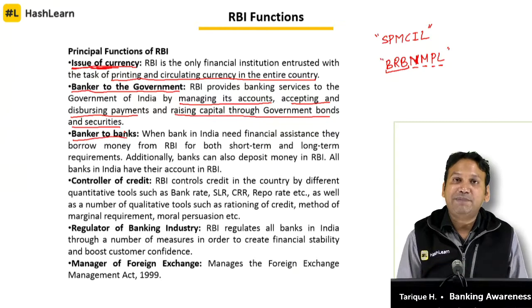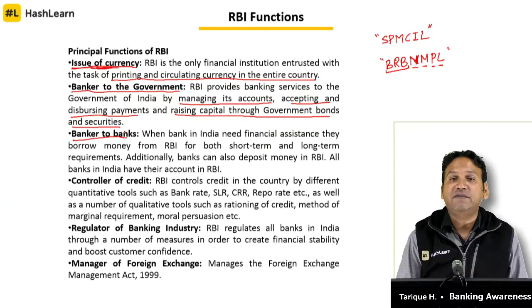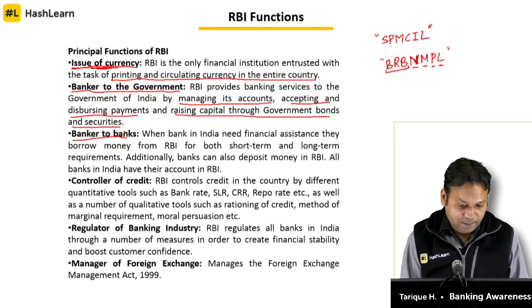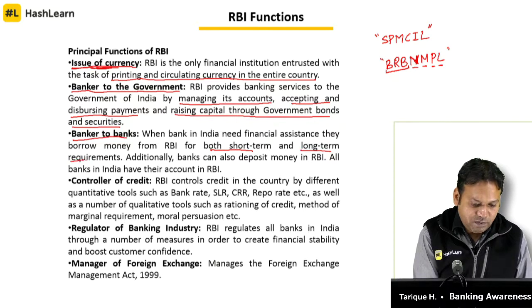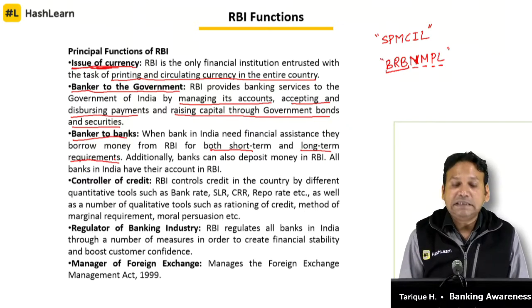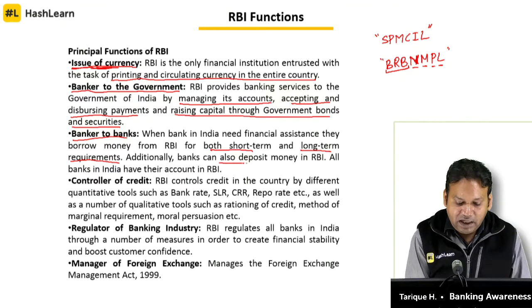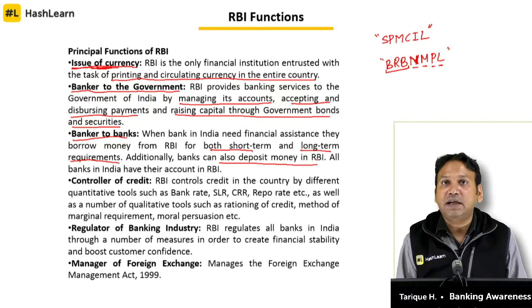So it regulates banking in our country, it sets guidelines for banks in our country, it also provides financial assistance to banks in our country. So for both short term and long term requirements, banks borrow money from Reserve Bank of India. Also, banks can deposit or park their money in RBI. All banks of India have their accounts in RBI.